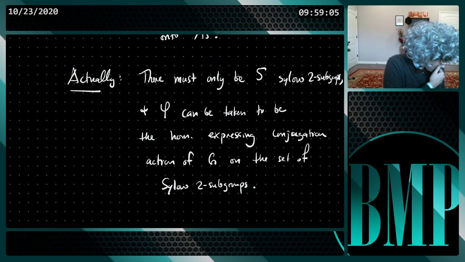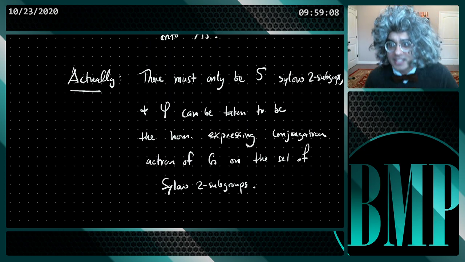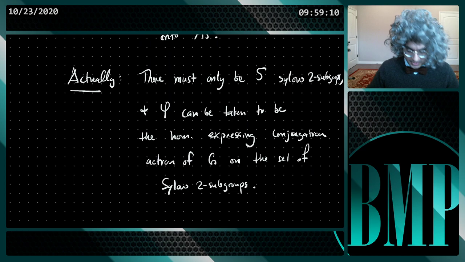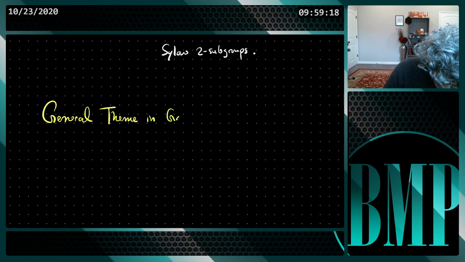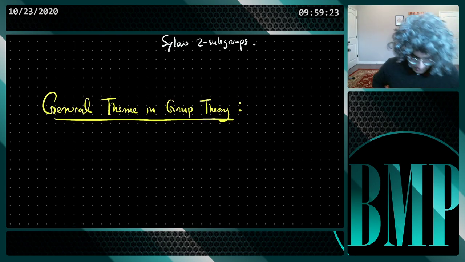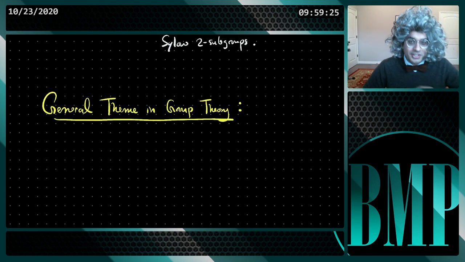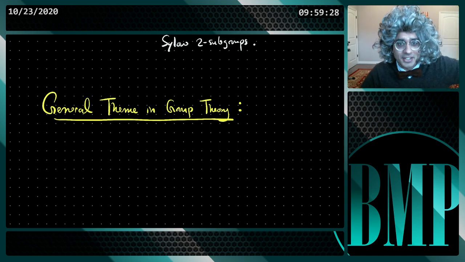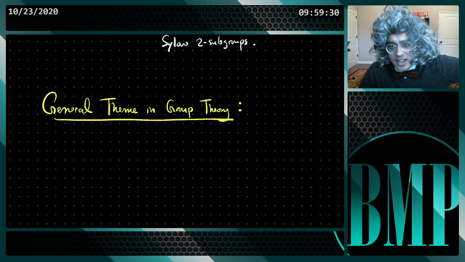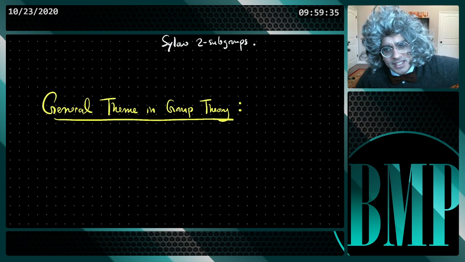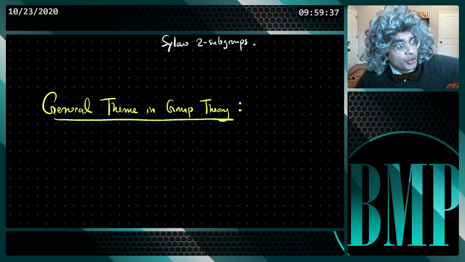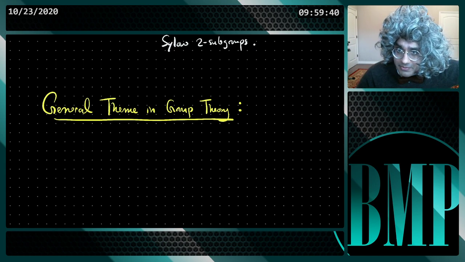All right. So I actually want to emphasize a general theme at this point. There's a big, huge pattern in group theory. What we just saw was a theorem in group theory: any simple group of size 60 has to be isomorphic to a very particular group, A5.